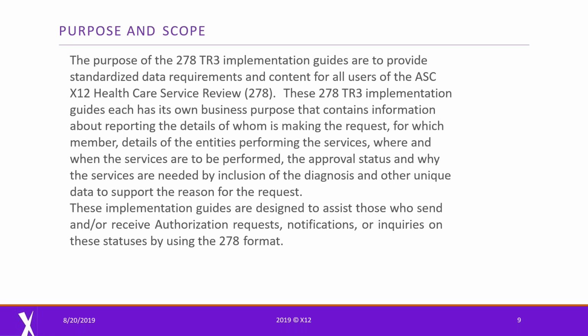You're going to have one section that has the details of who's making the request, or the submitter of the notification. Then you're going to have segments and details that describe the member, as well as segments that are specific to who's performing the services. And then there are data elements for where and when the services are to be performed, and also the approval status.